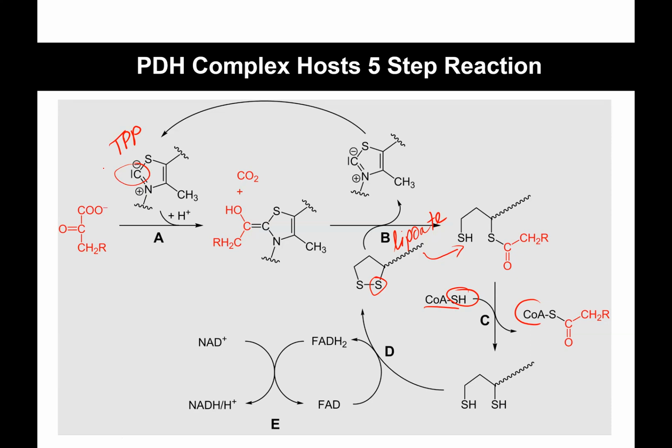So the first thing that happens, this is our pyruvate molecule. And this TPP picks up this 2-carbon moiety. We undergo the decarboxylation. And then this lipoate comes in, it gets reduced here.